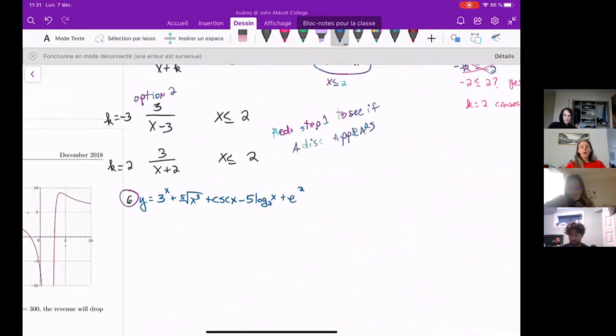Okay. So as usual, the first thing we want to do with derivatives is rewrite things in their simplified forms. So is there anything that I can rewrite here? Yeah, the 5th root of x cubed. You got it. Now I want you guys to tell me privately in the chat, the 5th root of x cubed, how can I rewrite that as a power?